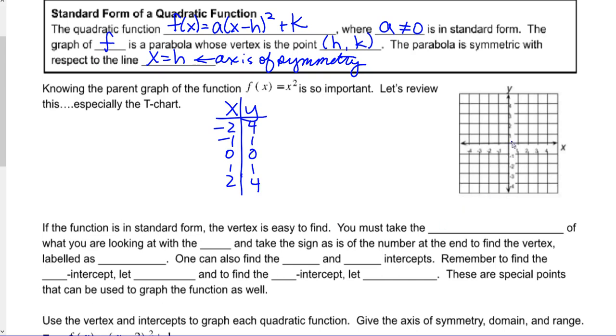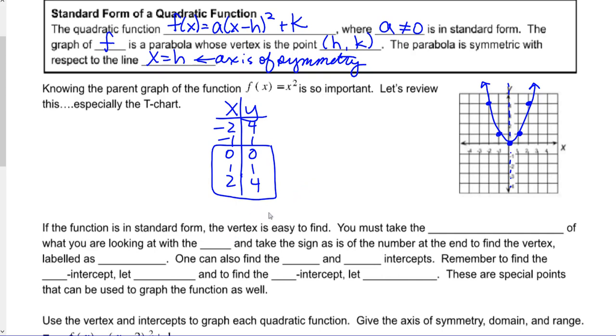So when I graph my original parent graph of my parabola, remember we're over 2 and up 4, and then we have our matching points over here because of our axis of symmetry that goes through our vertex. So this is the parent graph of all of our quadratics. Now, what I want you to remember are these points here, because this is what's going to navigate us to our other points whenever we start moving things from side to side.